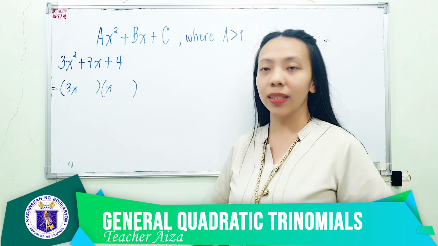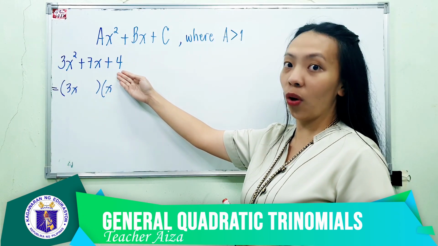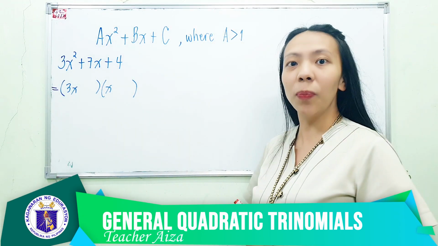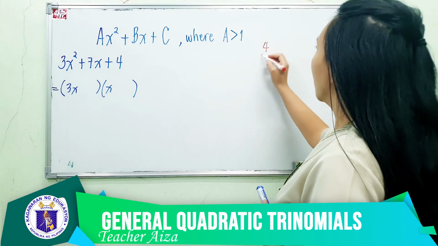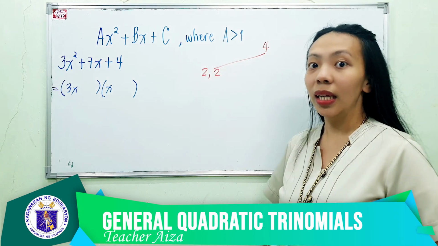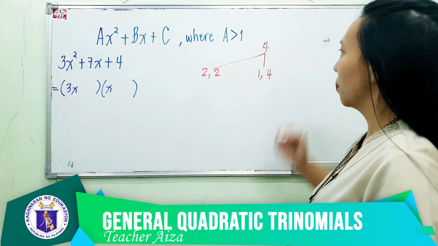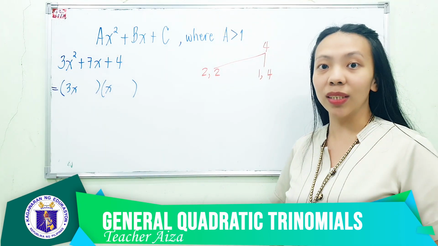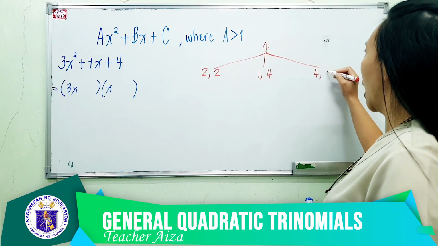Where do we get it? We get that from the factors of the last term, 4. Let us list all the possible factors of 4. 4 is 2 times 2. It is also equal to 1 times 4. And since multiplication is commutative, we can also have 4 times 1.